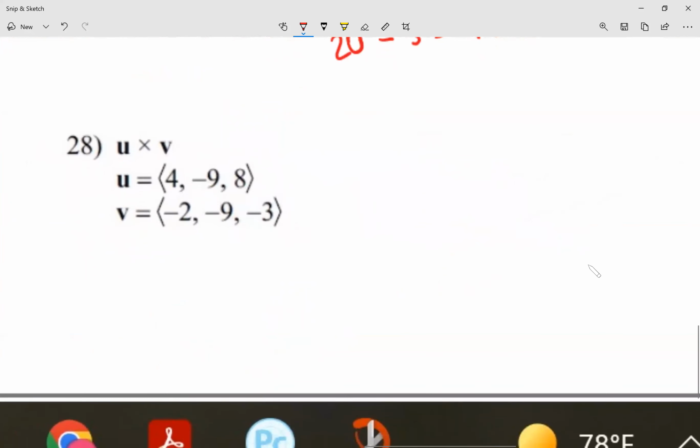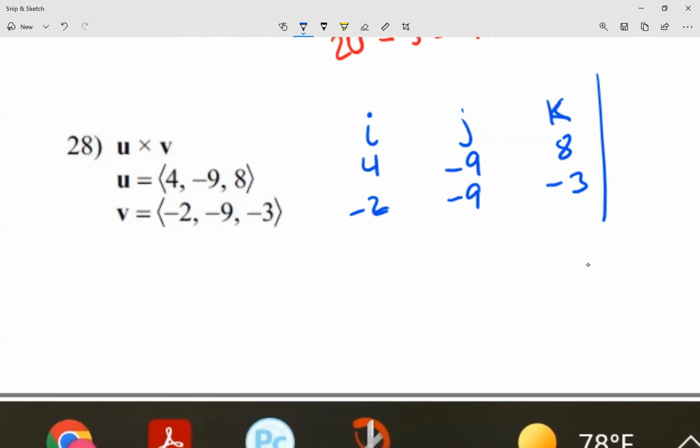So let's take a look at number 28. I know my I value, my J value, my K value. My first vector is -9, 8, and then -2, and the second is -9, -3. Let me find my discriminant for my I value.